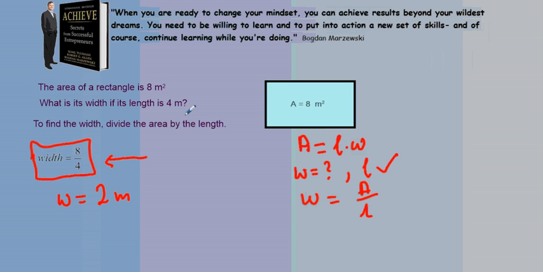If you want to verify, 2 meters on this side and 4 meters on that side, the area must be 8 because you multiply 2 times 4. Now, we will show you an example that involves variables.